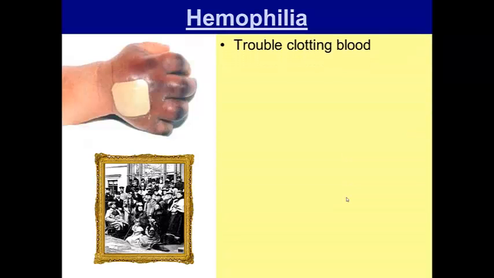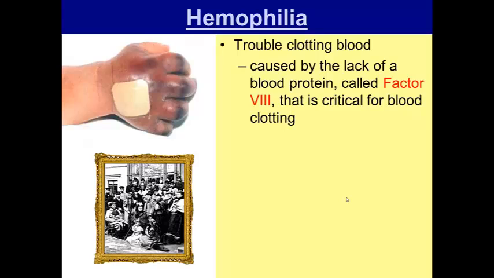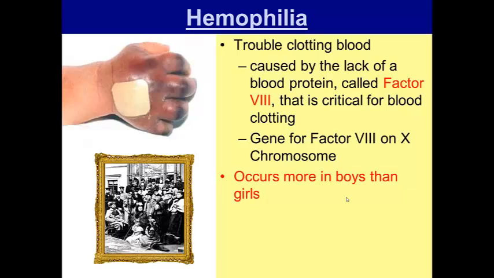Hemophilia is the trouble with clotting blood. It's caused by the lack of a blood protein called factor VIII, which is critical for blood clotting. The gene for factor VIII is located on the X chromosome. It occurs more in males than females.